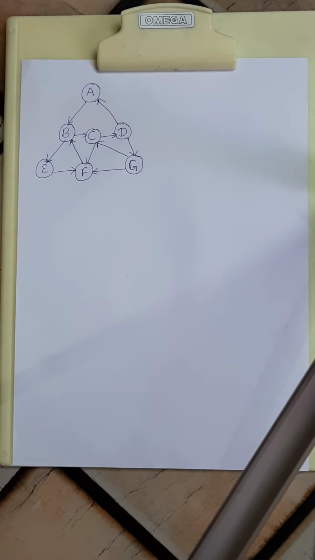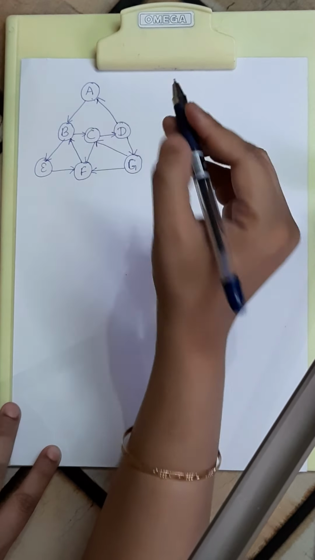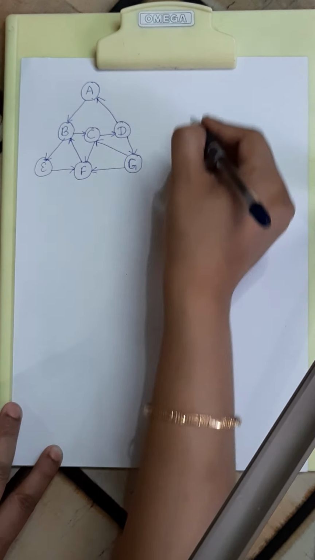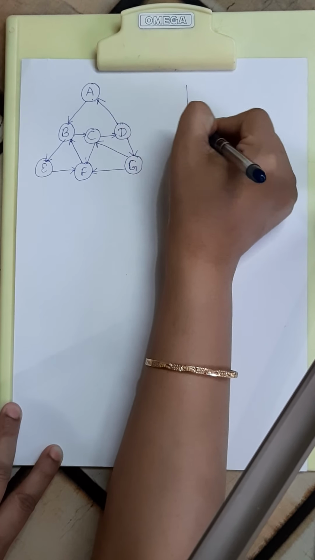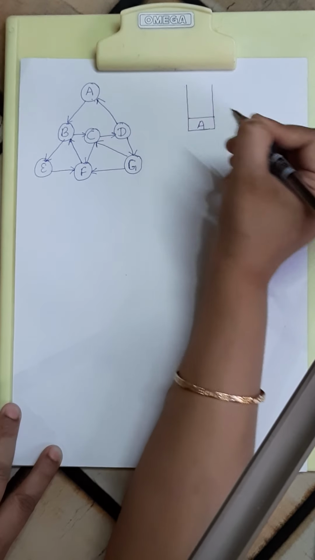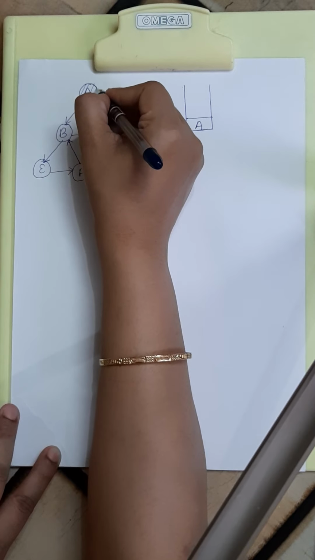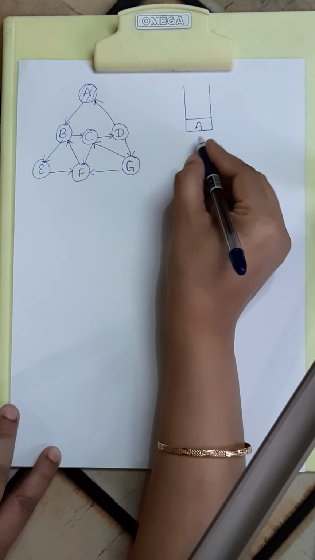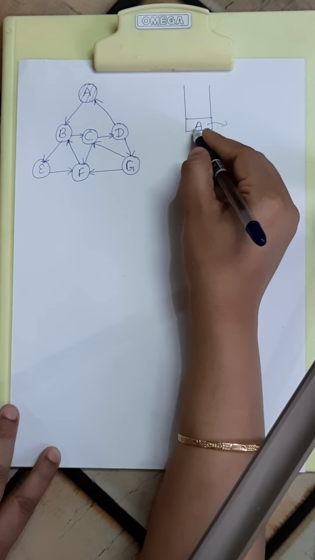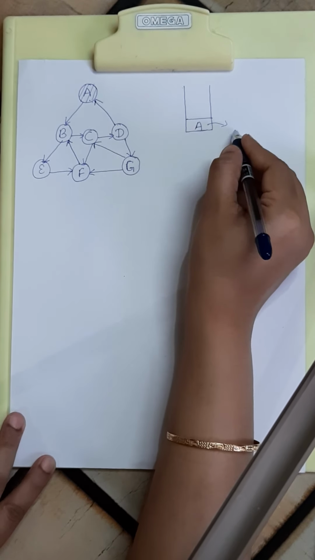What we have to do is start with a stack. We'll take one source vertex, suppose we have taken A in this case. We'll take the stack and insert the starting vertex, which is A. We'll mark it as visited, and then we are going to pop it and insert the neighbor nodes. After popping it, we are going to print it. So in the output, you are getting A.